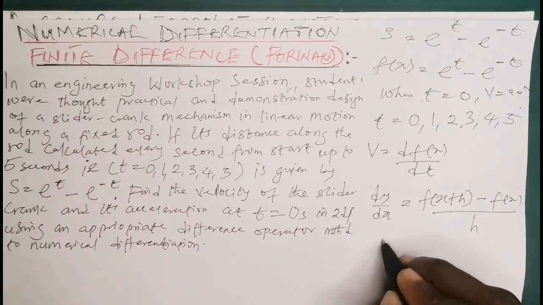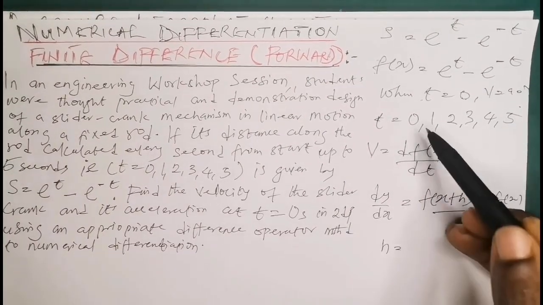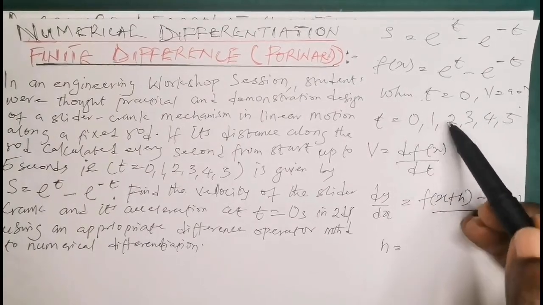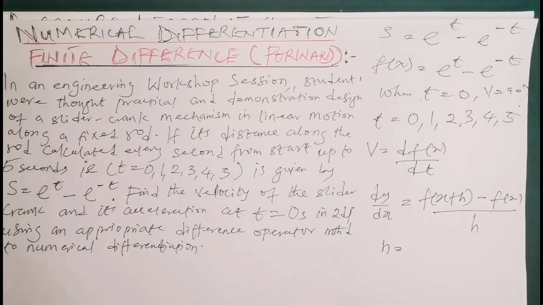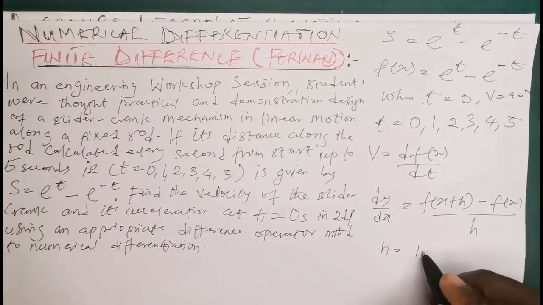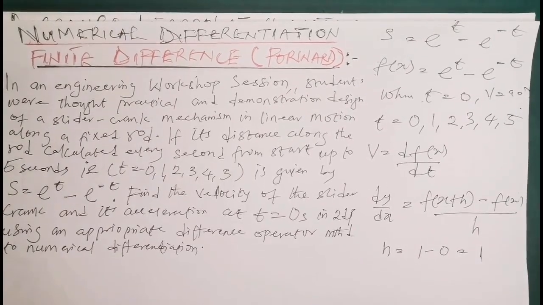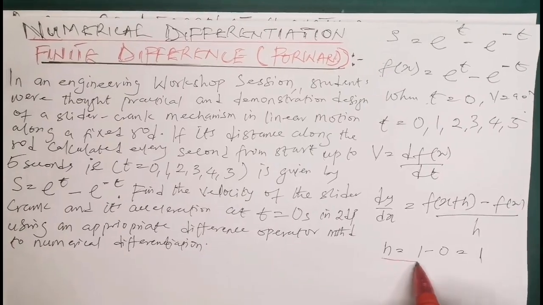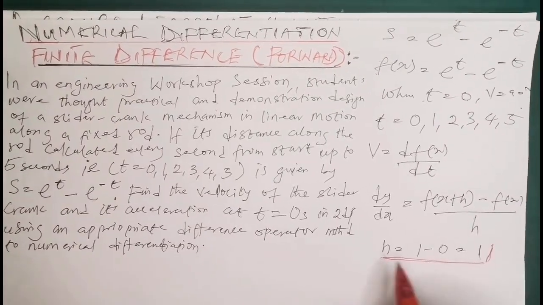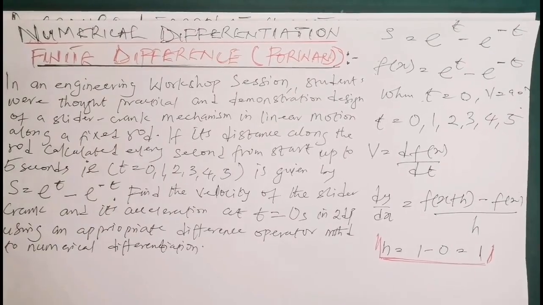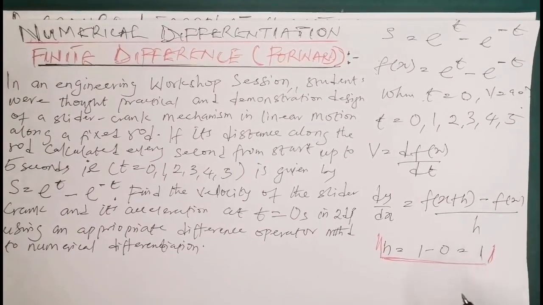So our interval h is equal to, it can be 1 minus 0, it can be 2 minus 1, any one you choose, but the interval still remains 1. So 1 minus 0 is still going to be what? 1. So this is our interval. Now, having found the interval, let's now find f of x plus h from the formula.